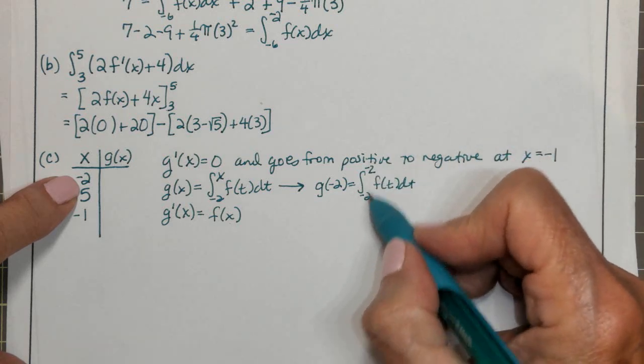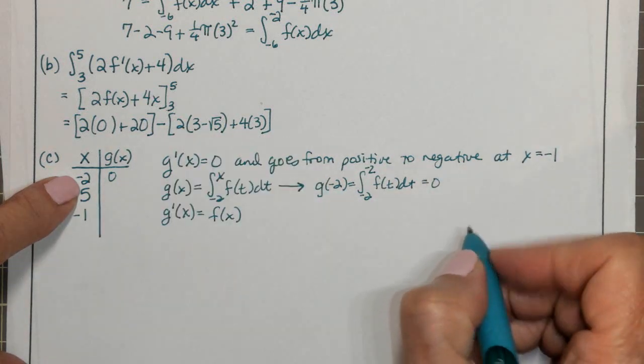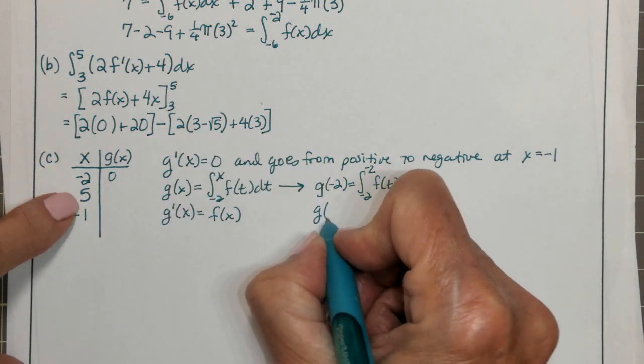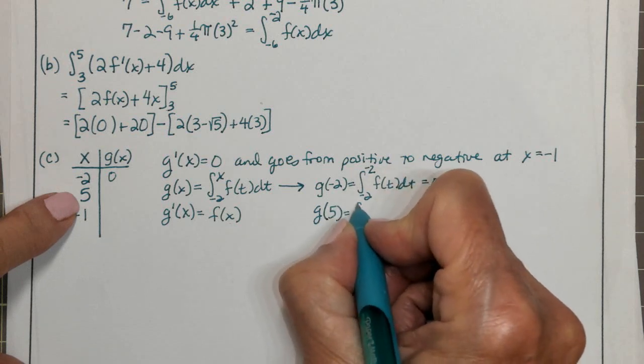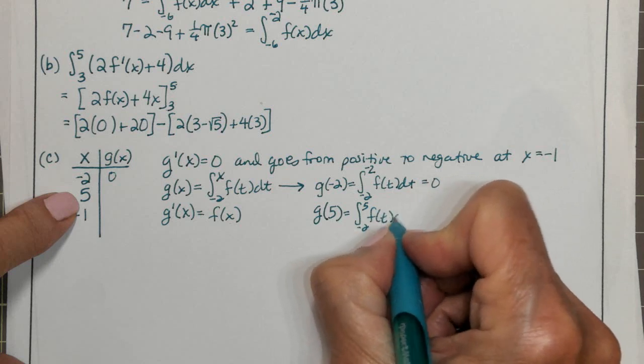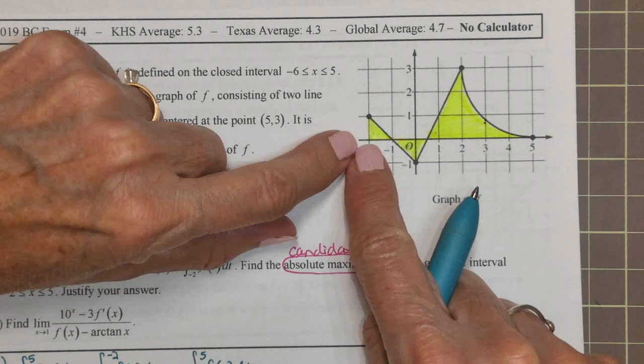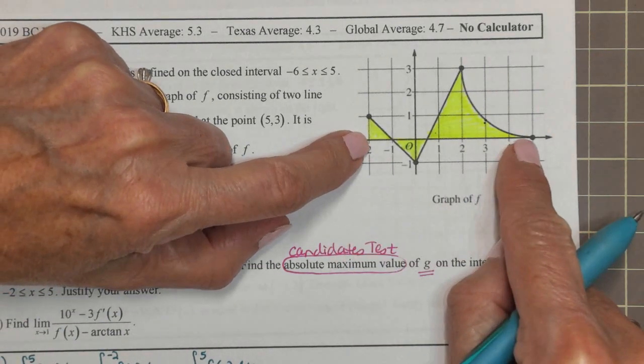If my boundaries are the same, this is just 0. So that is 0. Now I'm going to find g of 5. Integral negative 2 to 5, that's our signed areas.